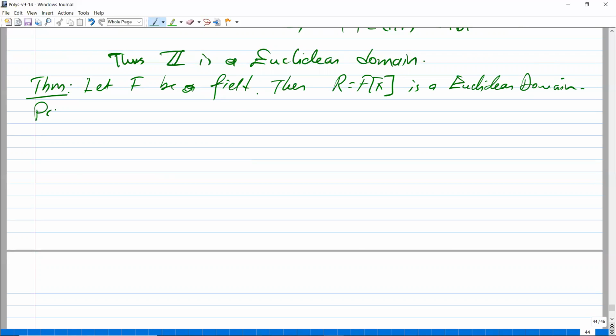So here's a proof. This F of x is an integral domain, first of all. So R is equal to F of x is an integral domain, we know.